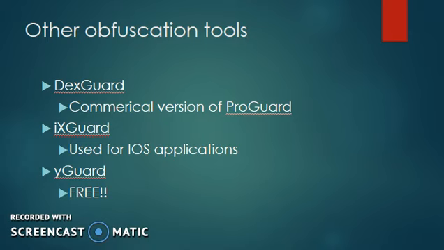It's not used for Android and Java code, but I felt like it was important to mention that this tool is available for iOS applications. And so any developers using Swift or Objective-C could utilize this tool to protect their intellectual property from attackers. YGuard, another downloadable program that offers many useful tactics in order to secure source codes. Most notably, it's free, so that's definitely very popular for users.